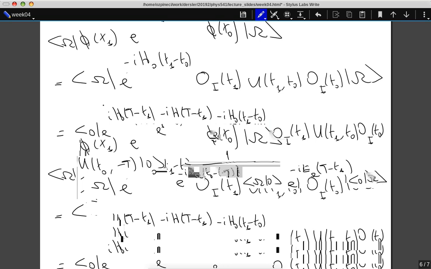Now look at this operator. Does that look familiar? That is nothing but U of the evolution from t1 to t.